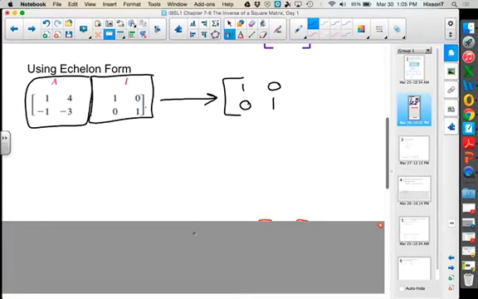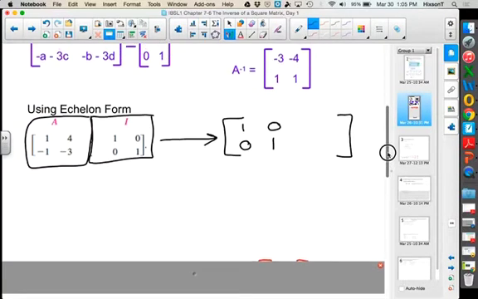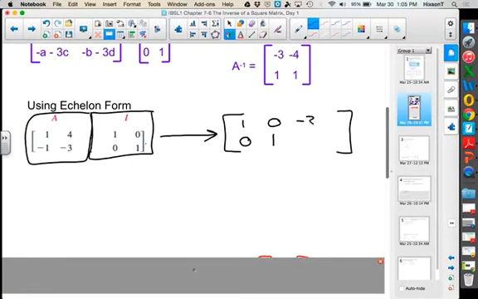So it's almost like we're using row-reduced echelon form to get the identity from the right-hand side to the left-hand side. And what ends up happening is the elements you end up with on the right-hand side will end up being your inverse. Okay?